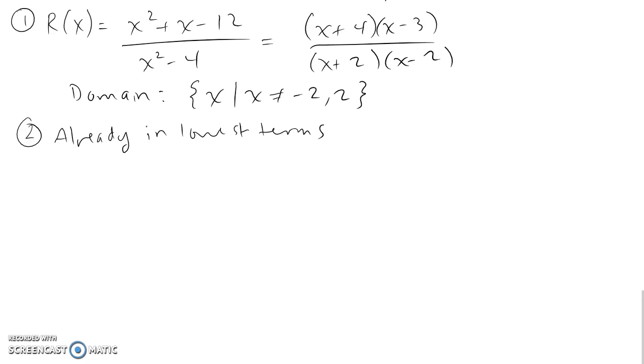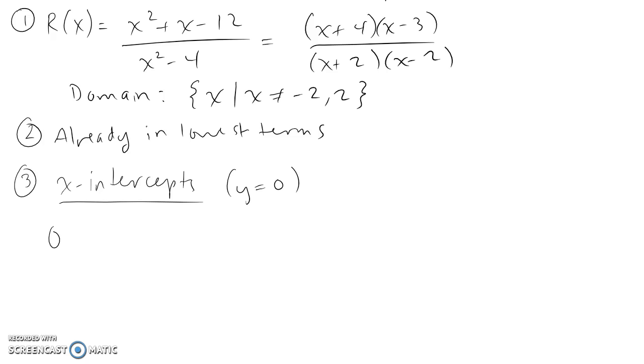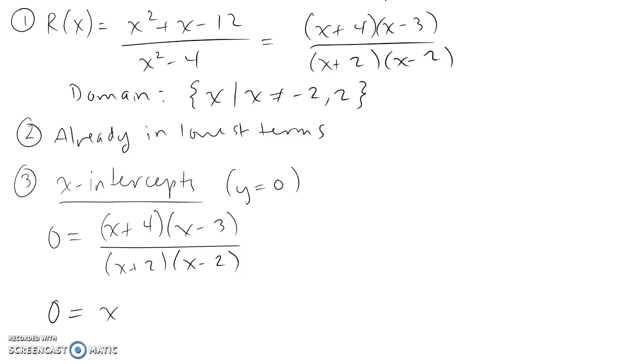The third step is to find your intercepts. So our x-intercepts, of course, happen just like we know for all graphs where y is equal to 0. So if I take the function r of x and set it equal to 0 in its factored form, it happens that this rational function equals 0 when the numerator equals 0, right?